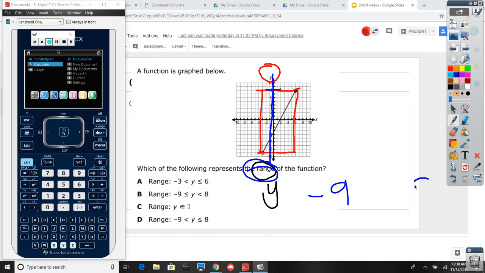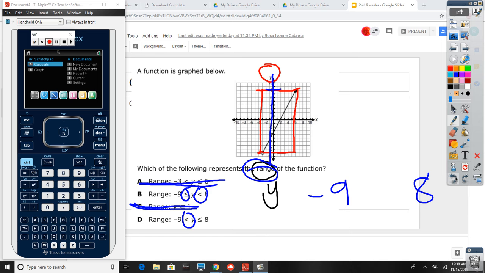So I can already eliminate A, and I can eliminate C. Now I have two options. The difference between them is this little symbol right there, and of course this other symbol right here. So I have to figure out which one's which.